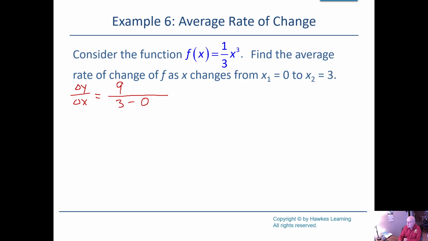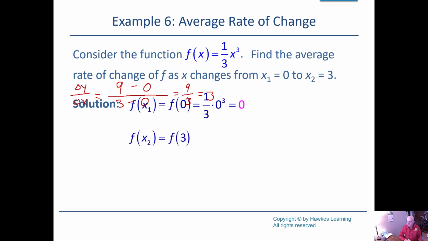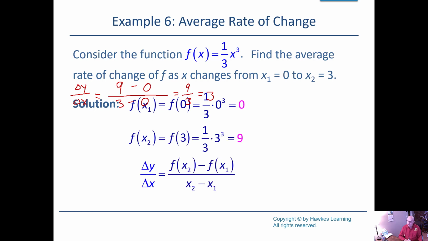If I put a 0 in for the x, 0 cubed is 0, and 0 times anything is 0. There's our average rate of change. Simplify that a small bit, and there's our slope from one to the other using the average rate of change. And the details, and there's the answer.